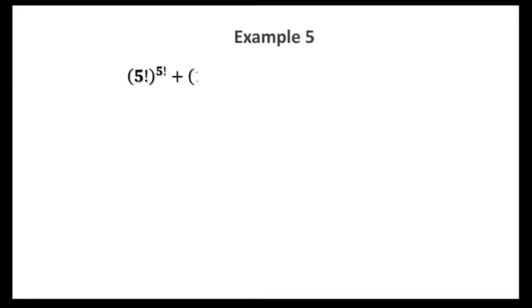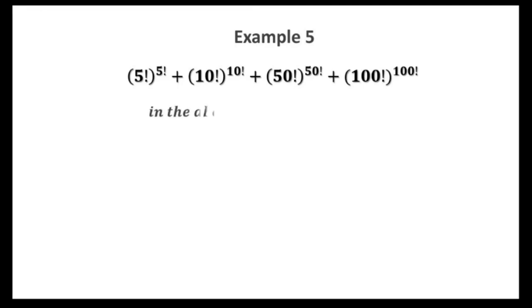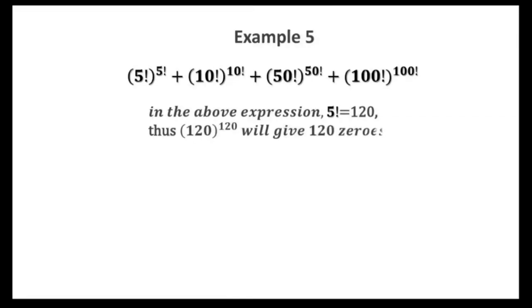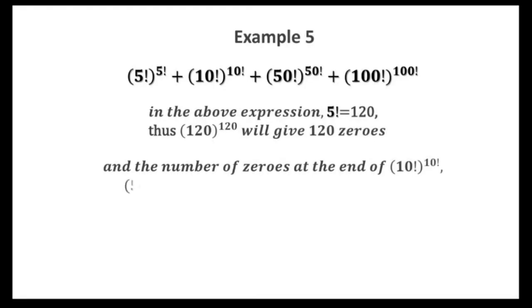Moving to example 5, that is 5 factorial to the power 5 factorial plus 10 factorial to the power 10 factorial plus 50 factorial to the power 50 factorial plus 100 factorial to the power 100 factorial. In this expression, 5 factorial is equal to 120. Thus 120 to the power 120 gives 120 zeros.